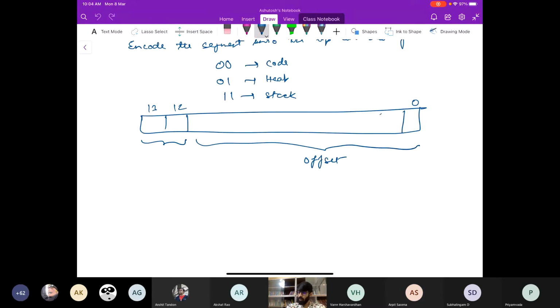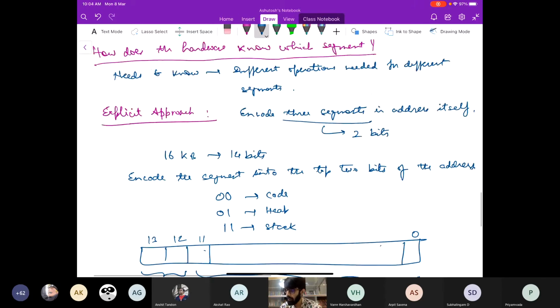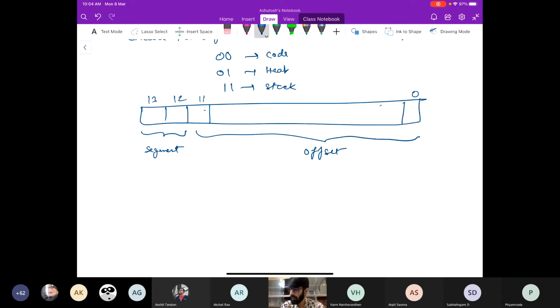Okay, so the first 2 bits are going to encode the segment, and the remaining 12 bits, from 0 to 11, are going to have the offset. Okay, good. So let's see this also with an example that we had earlier. So let's take the heap example.